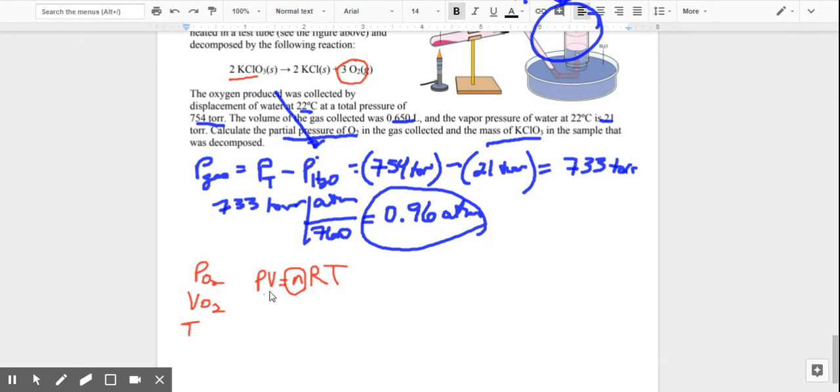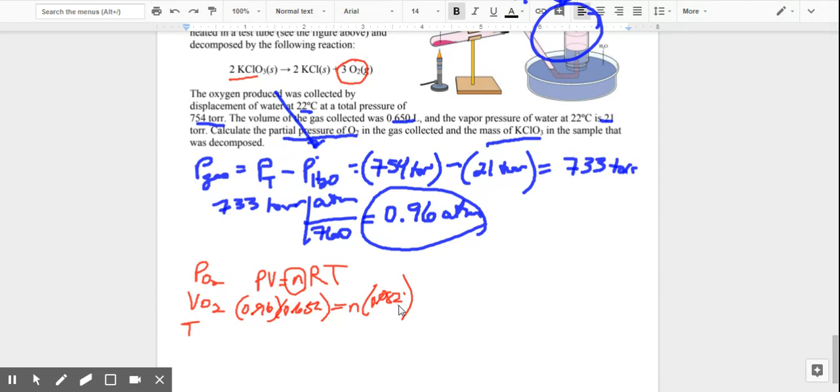So sticking with PV = nRT, I know that my pressure is 0.96 ATM. My volume is 0.65 liters. n is what I'm solving for. R is 0.0821. T is my temperature converted to Kelvin.